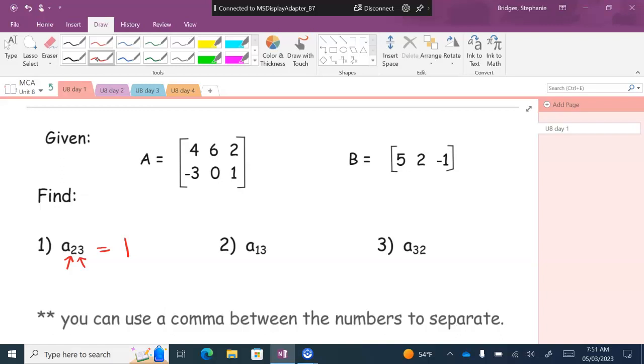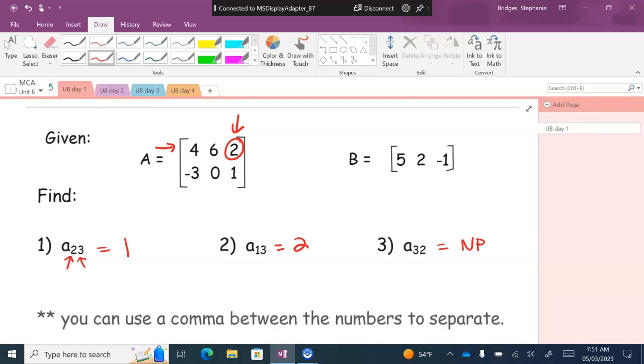What number is in matrix A, row 1, column 3? 2, okay. And then for 3, which one is in row 3, column 2? Not possible. I don't have 3 rows in matrix A, so there is no element in that position because there is no third row. Is everybody okay with that?